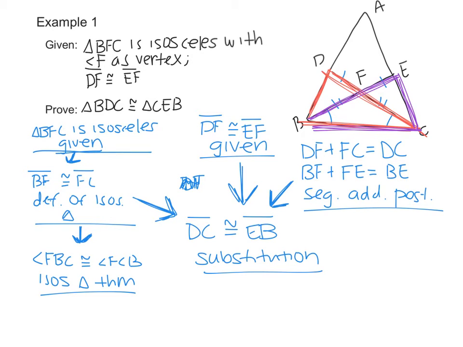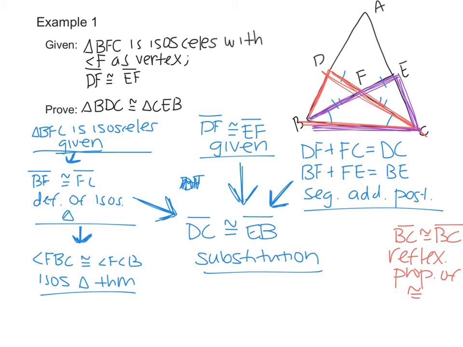Okay, so now I'm able to prove, because I know that DC is congruent to BE, and we also know, off to the side, I'll write it in red, that BC is congruent to BC by the reflexive property of congruency.